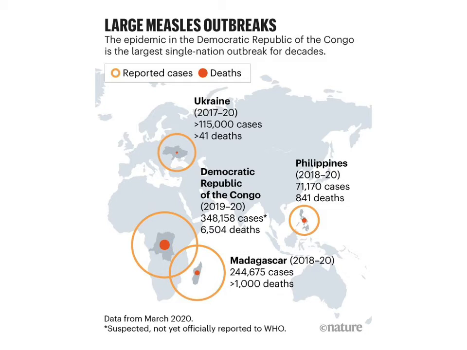If you look at this map, in each of the regions on the map, a slightly different mix of factors led to an outbreak. For instance, in Madagascar, a shortage of measles vaccine helped fuel an outbreak that swept the island nation starting in 2018, causing more than 240 cases and 1,000 deaths.